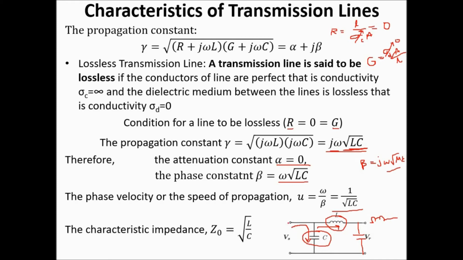At first the current charges the capacitor and establishes an electric field, then it discharges through the inductor and produces a magnetic field. So you see there is a phase difference between the capacitor and inductor because they are not working at the same time. When the capacitor is charging, the inductor is discharging, and so on.